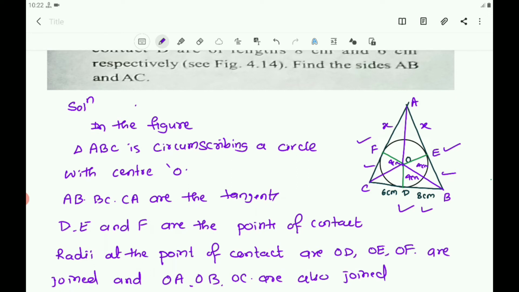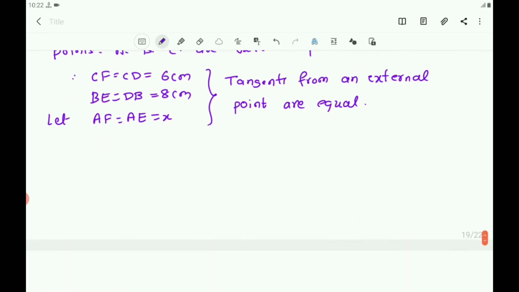So the sum of the areas of the three triangles is equal to the area of triangle ABC. So you take the area of triangle ABC, that is by Heron's formula.